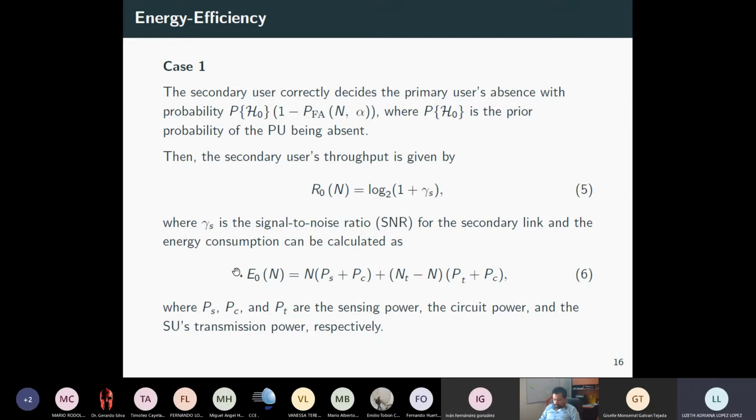And in this case, the energy consumption can be calculated as shown in equation 6, where PS is the power for sensing, PC is the circuit power, and PT is the transmission power.